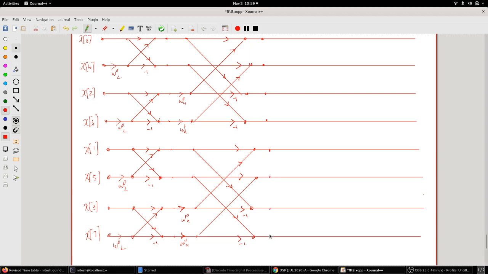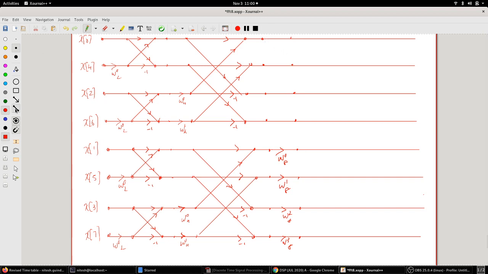So this is your 4 point. Now the 8 point starts. So this guy has to be multiplied with -1. These 4 guys are W0 of 8, W1 of 8, this is W2 of 8, and this is W3 of 8. They are actually diagonally on the opposite side of the same circle. So they are multiplied by a -1 factor.